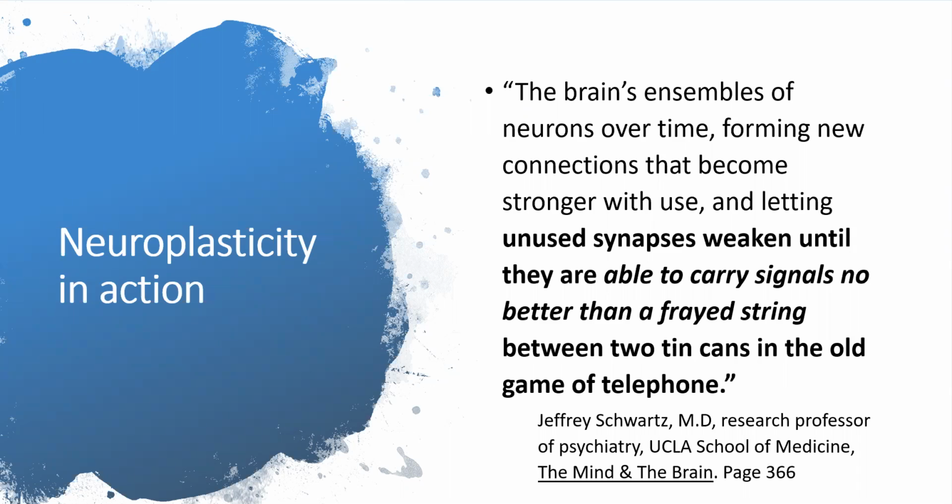This means the toxic messages from the lower brain, as we learn how to see our urges in a new way, those unused synapses of the lower brain weaken until they are able to carry signals no better than a frayed string between two tin cans in the old game of telephone. Isn't that wonderful? These neurons over time make new connections, and the ones that are not used fade and recede until they're no longer able to carry signals no better than a frayed string between two tin cans in the old game of telephone.